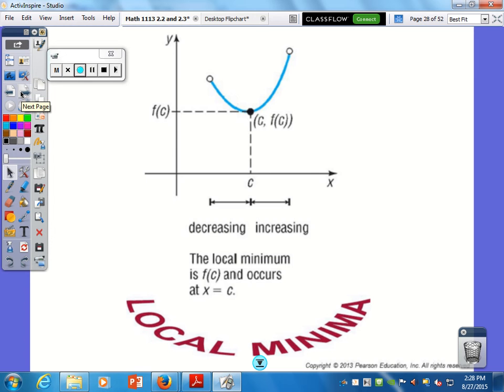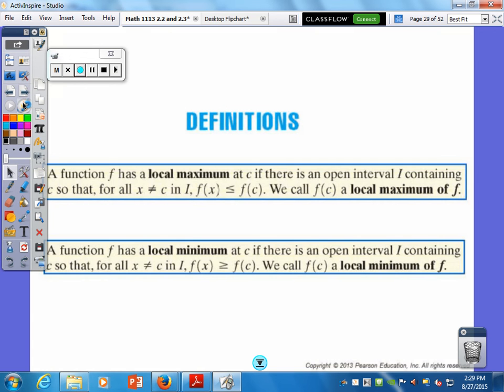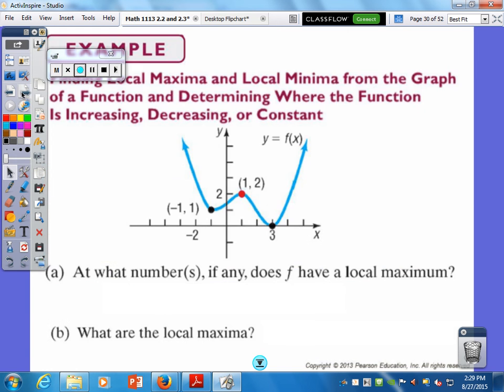A minimum, or a minima, is going to occur at the minimum point, but I'm going to give you a boundary between some value of x on the left and some value on the right. There's no endpoints. There's no arrows here. So that's part of the reason that you'll have localized maximum and minimum values. All right.